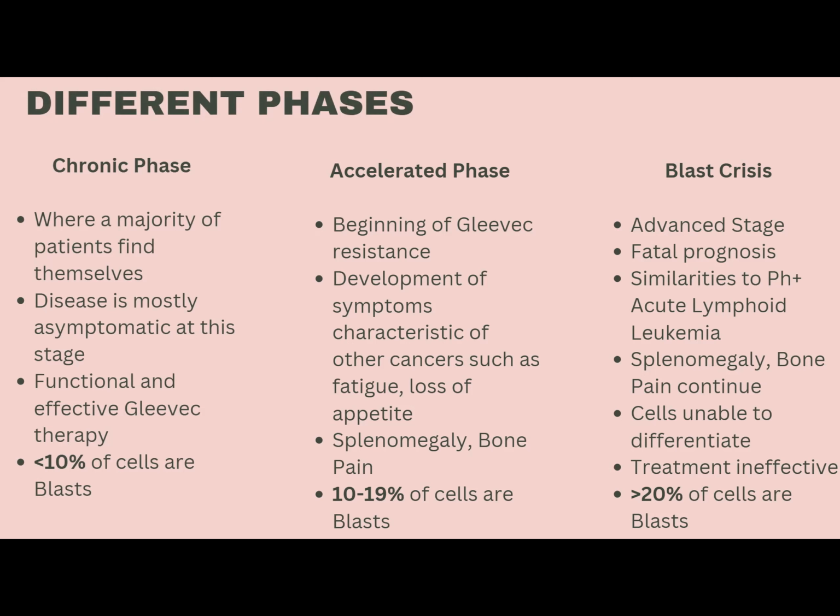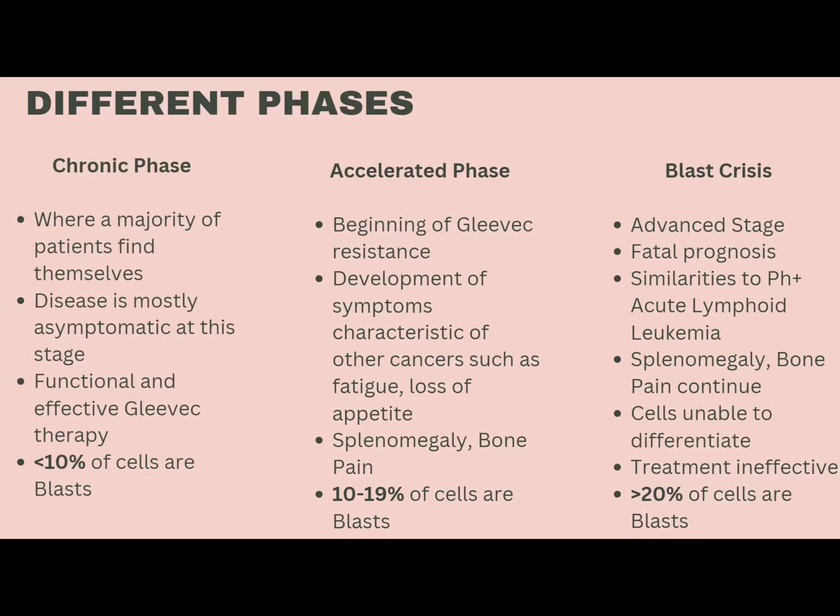Accelerated or intermediate phase, whatever you want to call it, they're the same thing. This is where the beginning of Gleevec resistance starts. Patients start developing symptoms that are characteristic of other cancers, such as fatigue, loss of appetite, loss of weight, a lot of sweat.